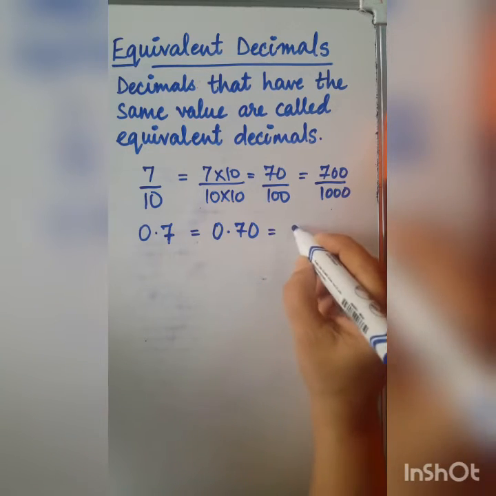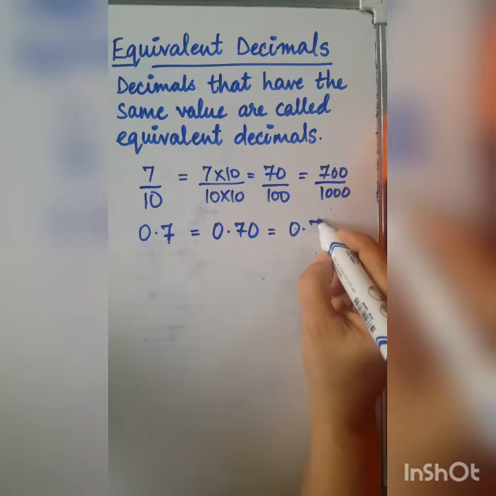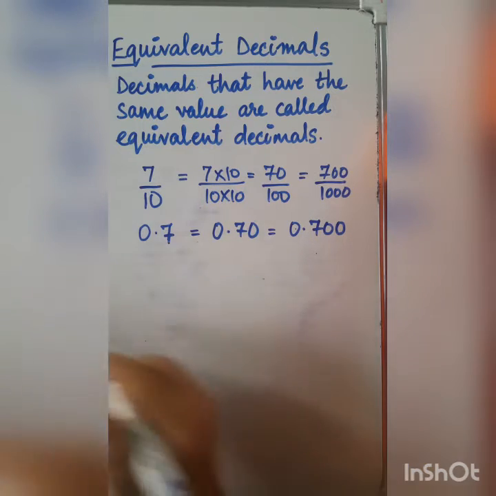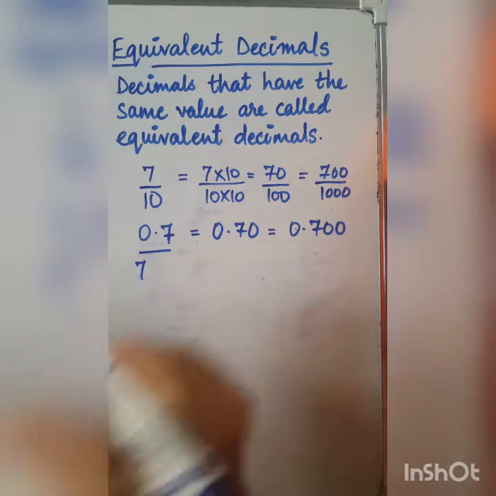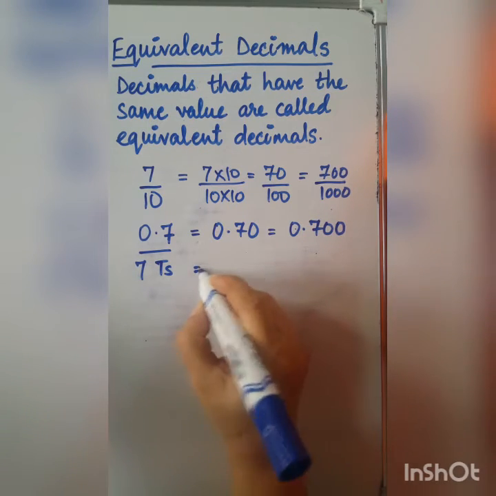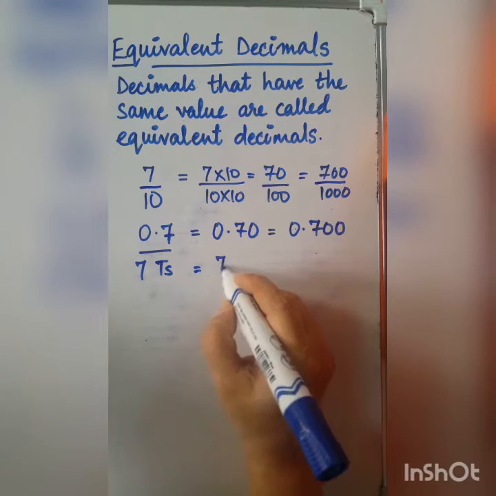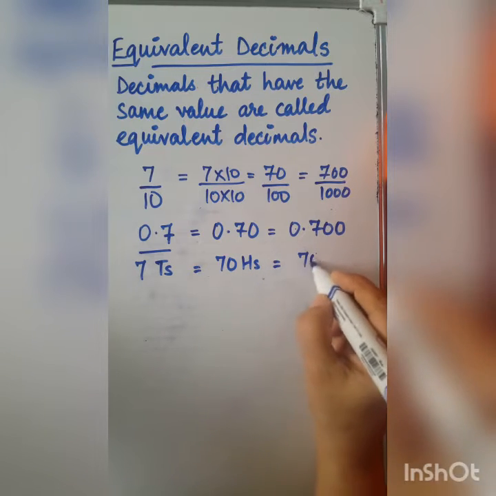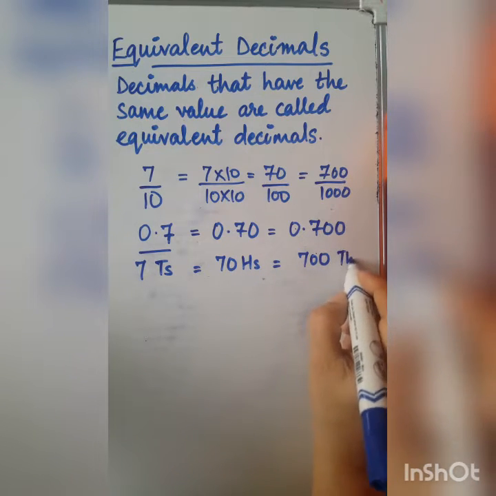So it is also equal to 0.700. That means 7/10 is equal to 70 hundredths, which is equal to 700 thousandths.